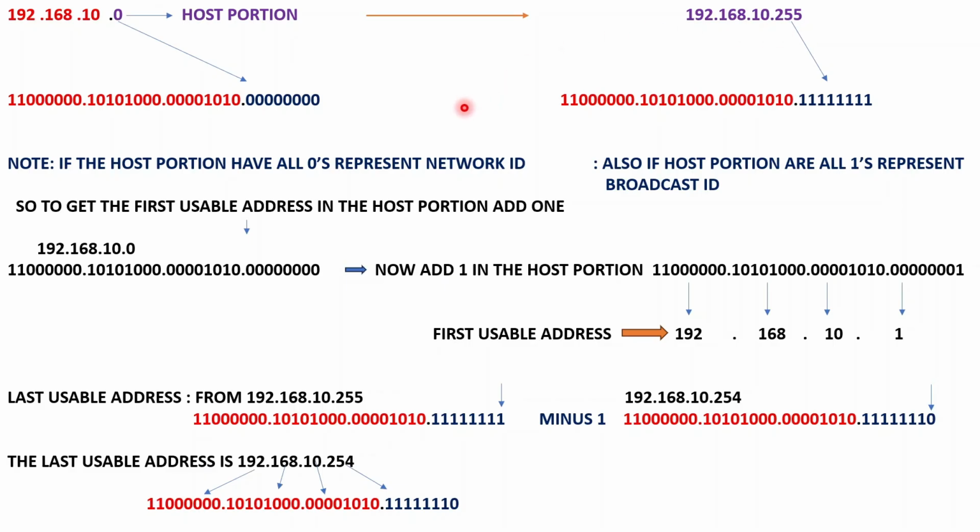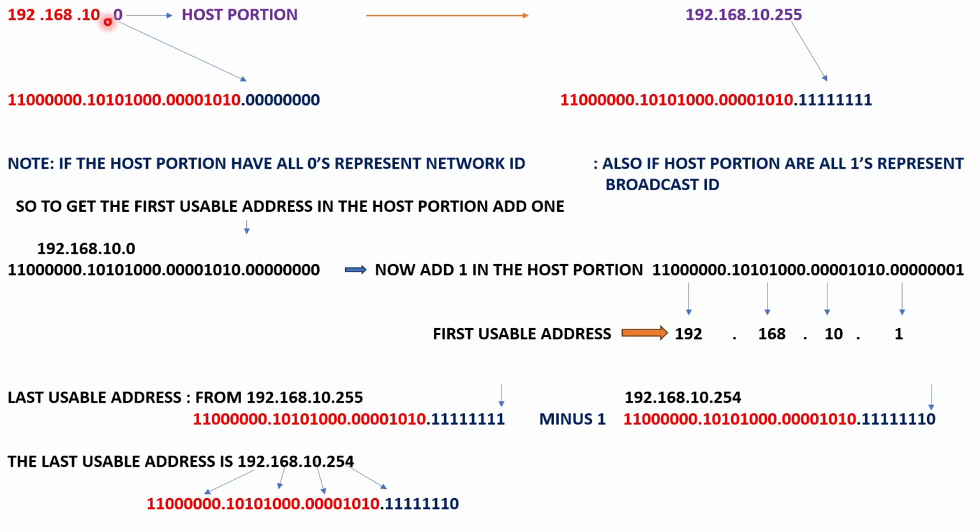Okay, let us remember one thing here. As I said before, if you see the host portion, all values are 0 in the host portion. Ukiona kwenye host portion mfano ni 192.168.10.0, this is the /24 network. So the host portion now here, we are talking about 0 here.